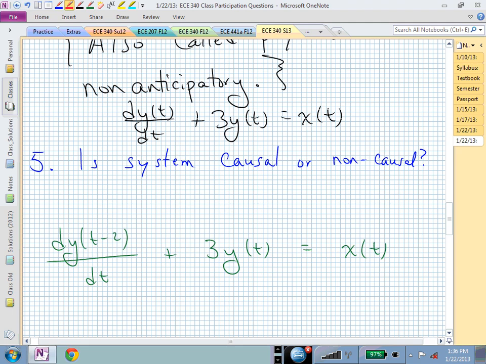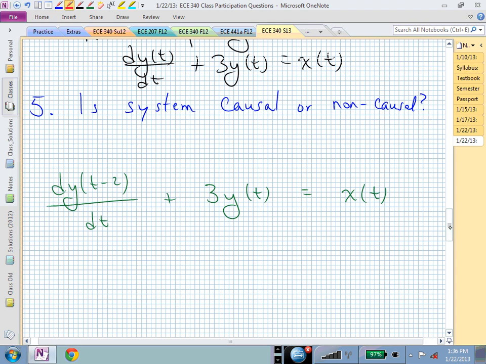How in the world do we even tell? Well, what I like to do is pick a specific value of t and see if I can relate my outputs, derivatives of outputs, and inputs to each other. A time that might be convenient for this: suppose I let t equal 2.